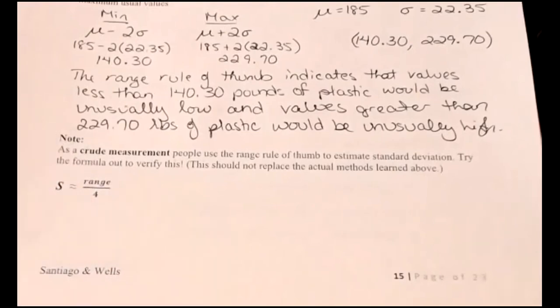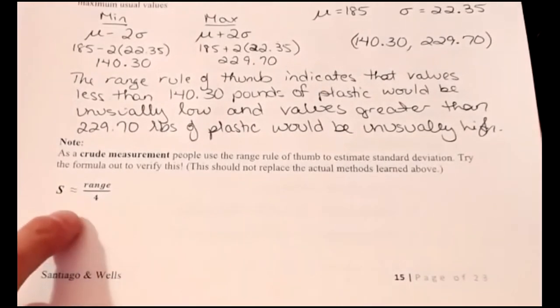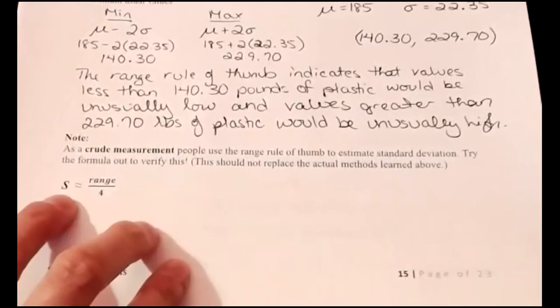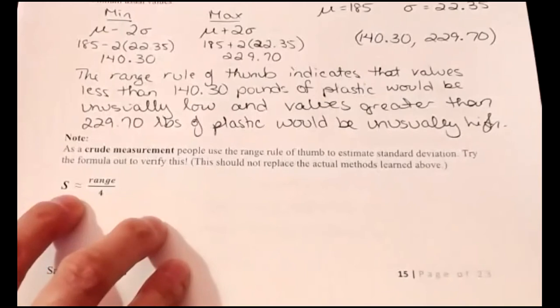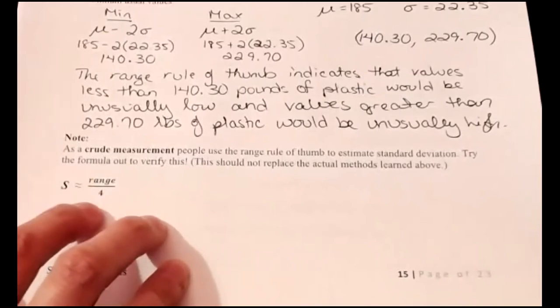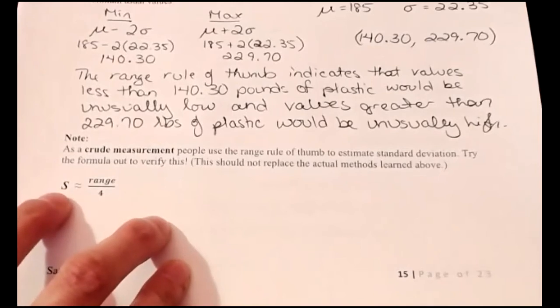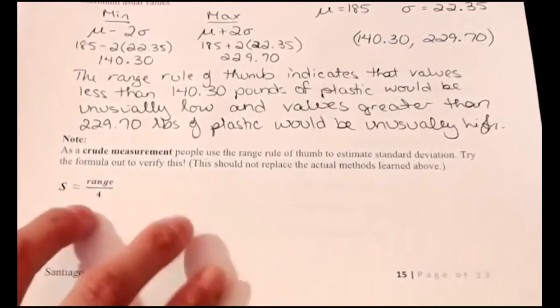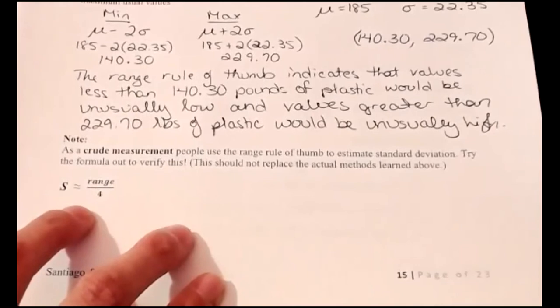So as a crude measurement, people use the range rule of thumb to estimate standard deviation using this formula. So standard deviation is approximately the range divided by 4. All right, so this is going to give us a standard deviation, but this is just crude. This is actually something you typically won't ever use, but I wanted you to see this, okay?